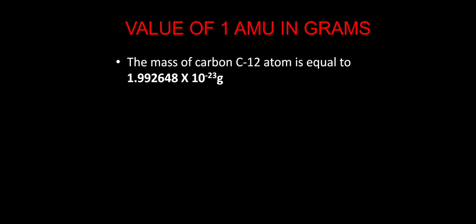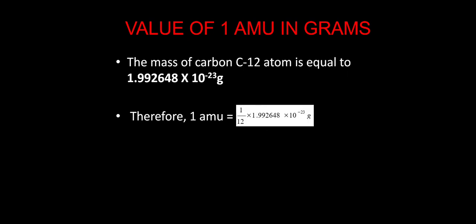Now, to calculate 1 AMU, I need to take 1/12 of this mass. So 1 AMU is equal to 1/12 of 1.992648 × 10^-23 grams, which comes out to be 1.66 × 10^-24 grams. So 1 AMU is actually equal to 1.66 × 10^-24 grams, which we take as a reference to calculate the atomic weight.